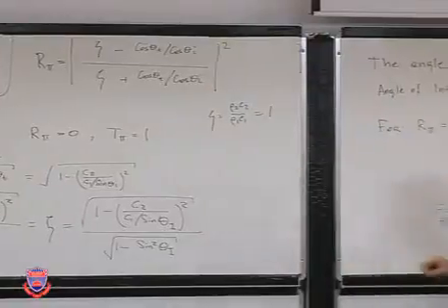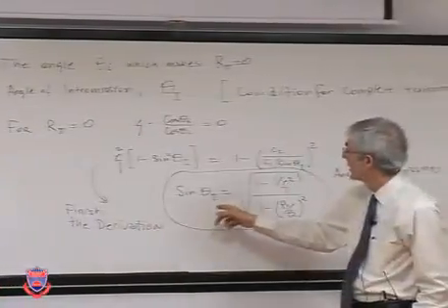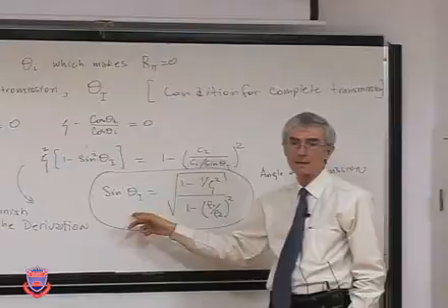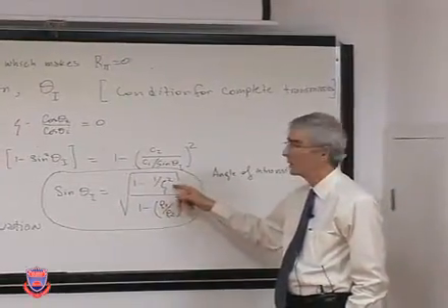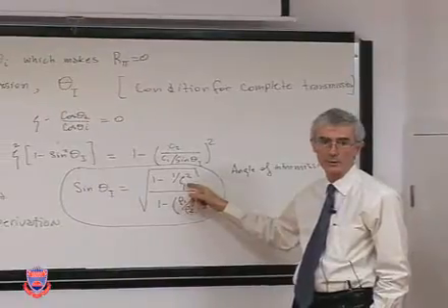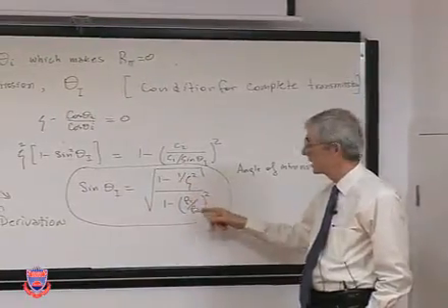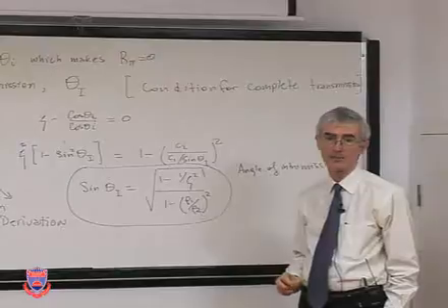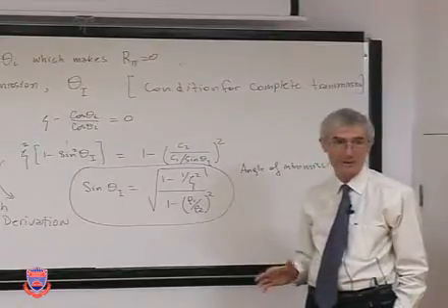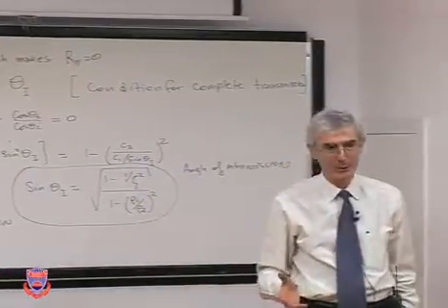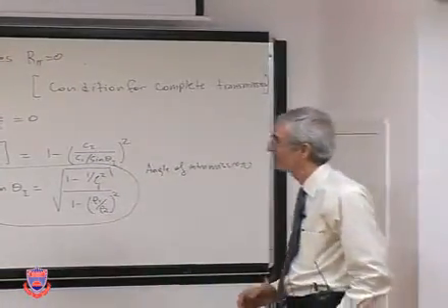And that reflected power can be zero only if the incident wave is at this value, determined by the ratios of the impedances and the ratio of their densities. That's it. It's quite interesting. Maybe not to you, but it should be. Okay?